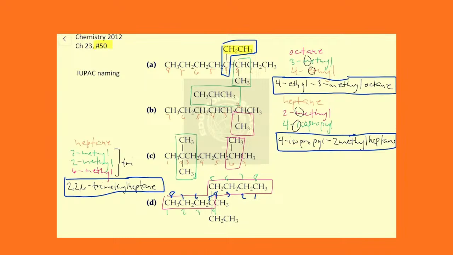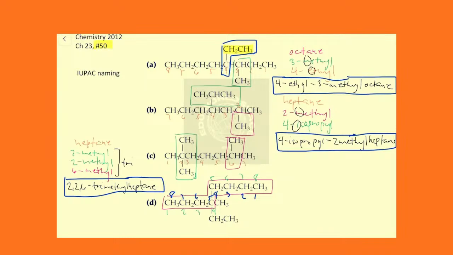Okay, so our first branch point here, in fact, our only branch point, we got 2 things attached to it, a methyl group. So we got 4 methyl. And the other one is an ethyl group. So we got 4 ethyl. So at this point, we could put together all the information we have.